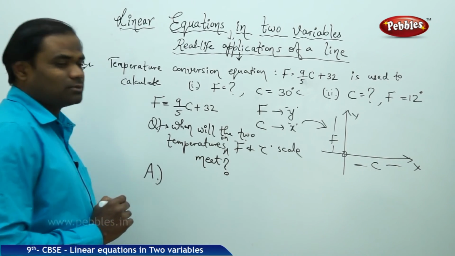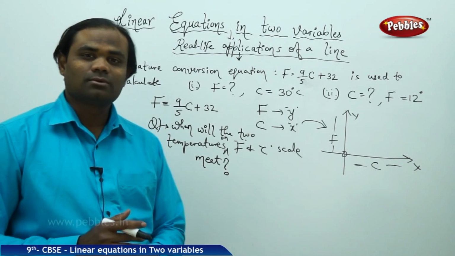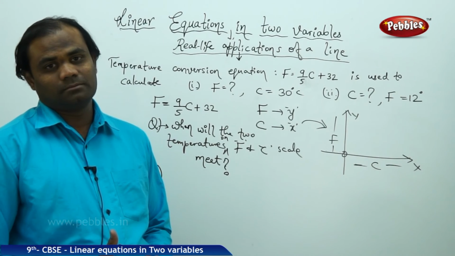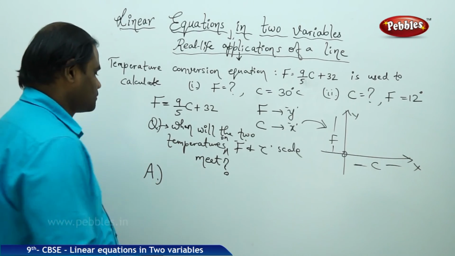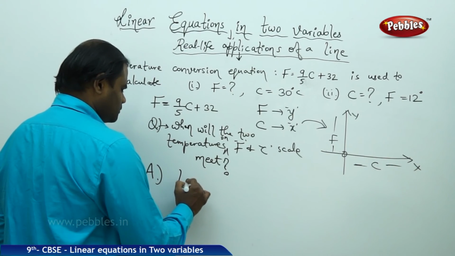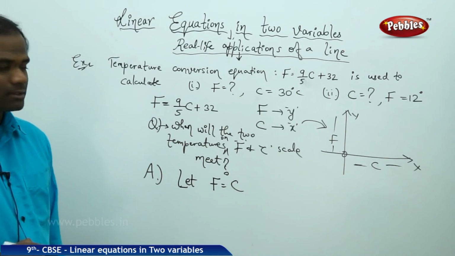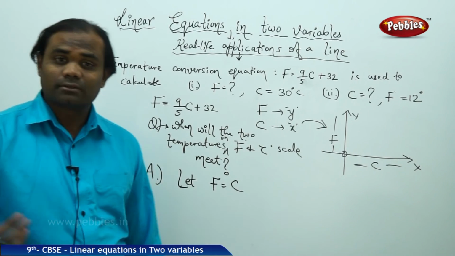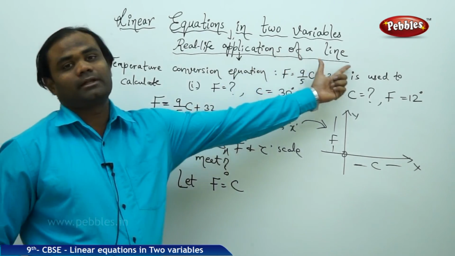In order to do this problem, it is very simple: we assume that the two temperature scales are equal and then find the value, a reverse process of working out. So assuming that f equals c, let's try to find the value utilizing, of course, the linear equation, a real life application of a line.